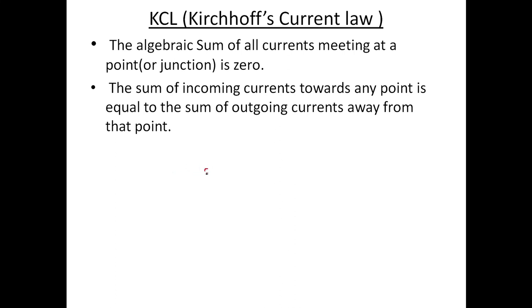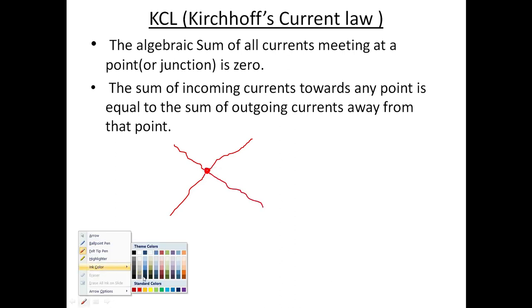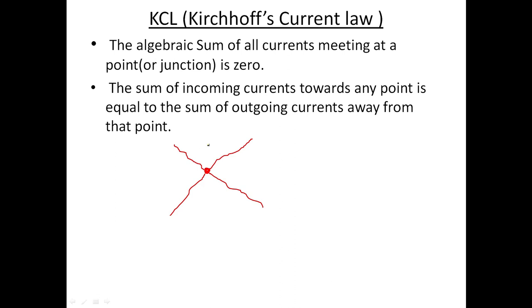Let's suppose this is a junction or node, where various branches are there, and we have denoted these branches with some notation.